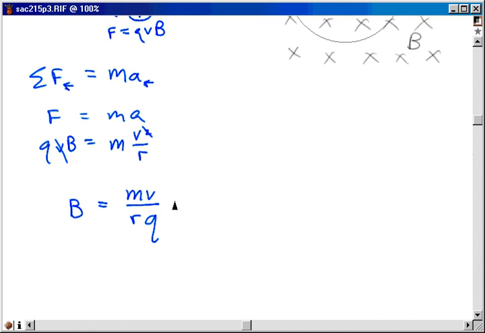Go ahead and substitute values. The mass of the proton, I've got to look that up. It's given as 1.6726 times 10 to the minus 27 kilograms. 442 meters per second for the speed.